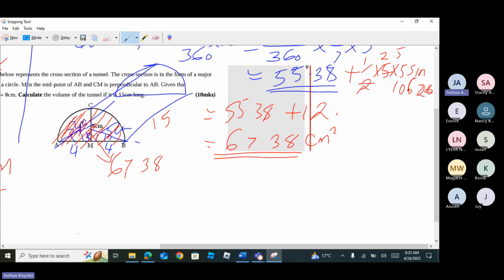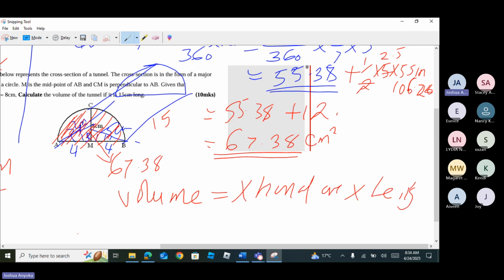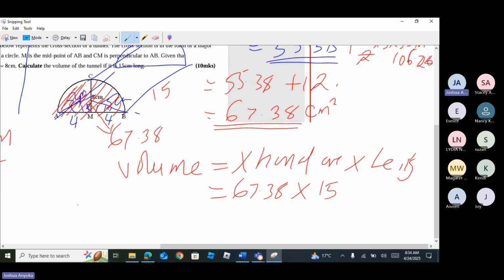Now the volume for the tunnel will be equal to cross-section area times length. Our cross-section area is 67.38 times the length of 15. So we have our final answer.